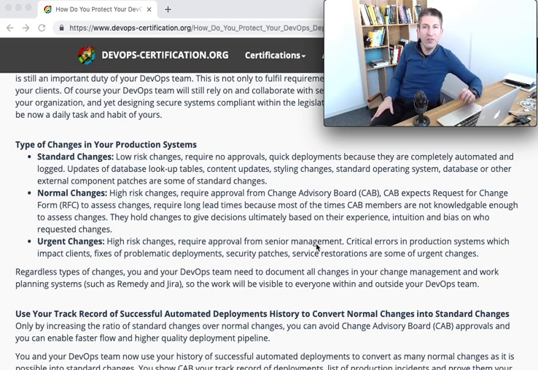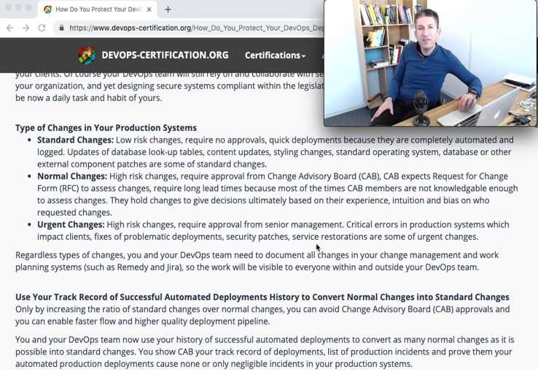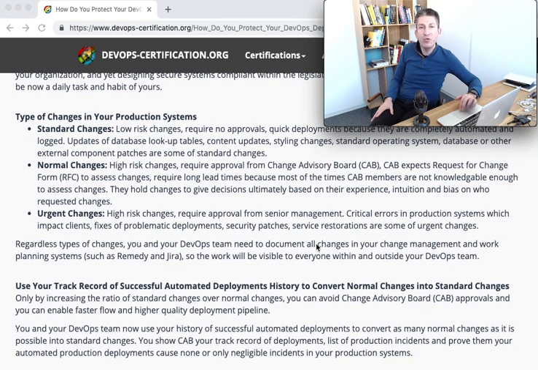The second one, normal changes. So what are normal changes? Normal changes are relatively higher risk changes, and they require approval from the CAB, the Change Advisory Board, and the CAB expects a request for change form, which is also called an RFC, to assess changes.